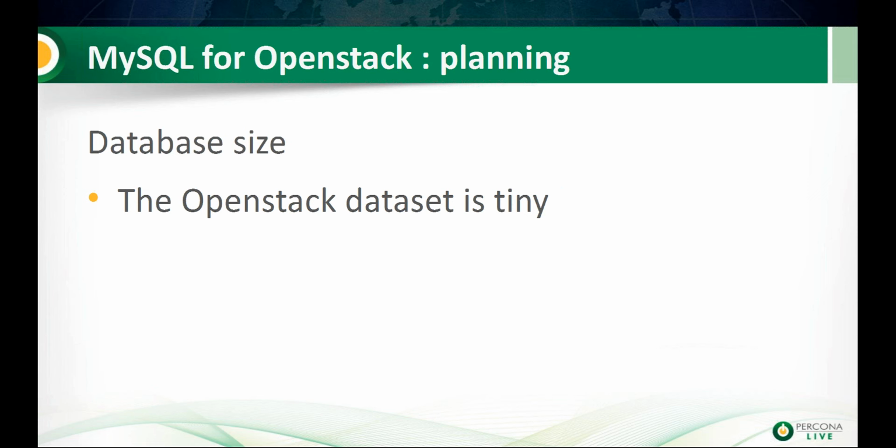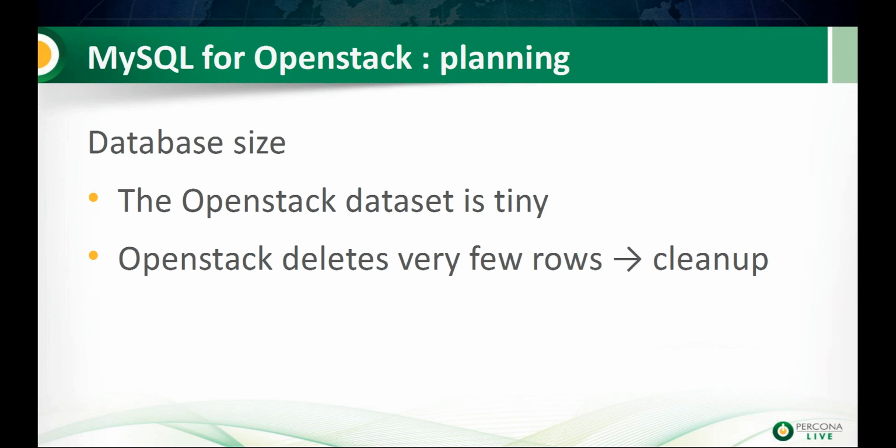Although, like I said, if you don't do the cleanup, you'll have a lot of deadwood in your database, but that's normal. I already talked about the way OpenStack deletes very few rows, so we'll need to do some cleanup. I've not seen anything other than the token that does the cleanup, but it's usually fairly easy.